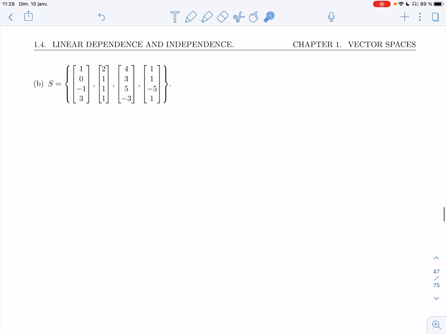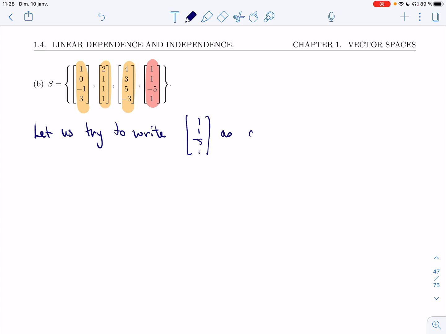All right, let's attack B. Let's go the same way. I'm going to try to write 1, 1, minus 5, 1 as a linear combination of the 3 orange vectors.